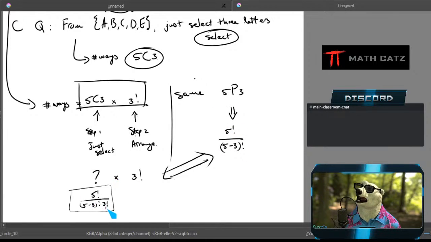So by dividing by 3 factorial, I'm canceling the arrangement aspect that the permutation has built in. That's one way of doing it. It's a quick way of getting to the formula. There is a longer way, but maybe this works for you, so I'm just giving it a shot.